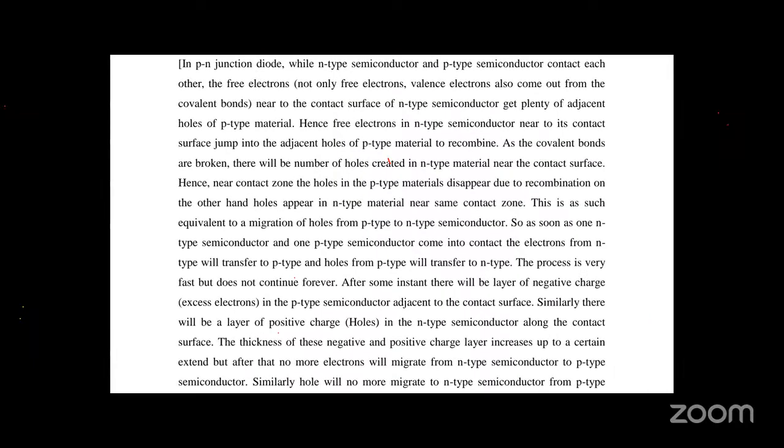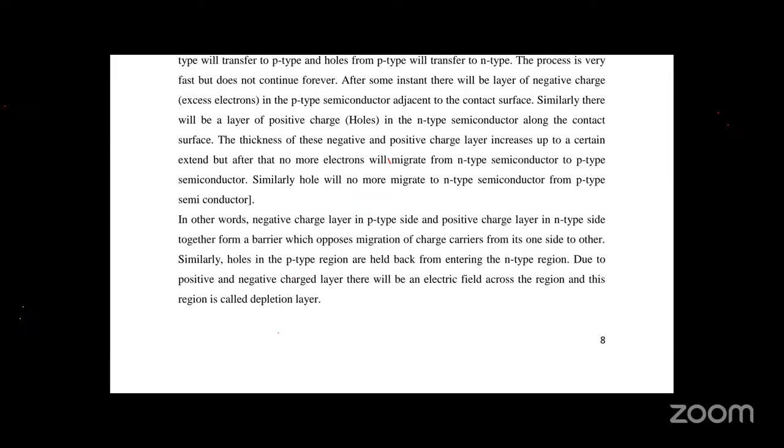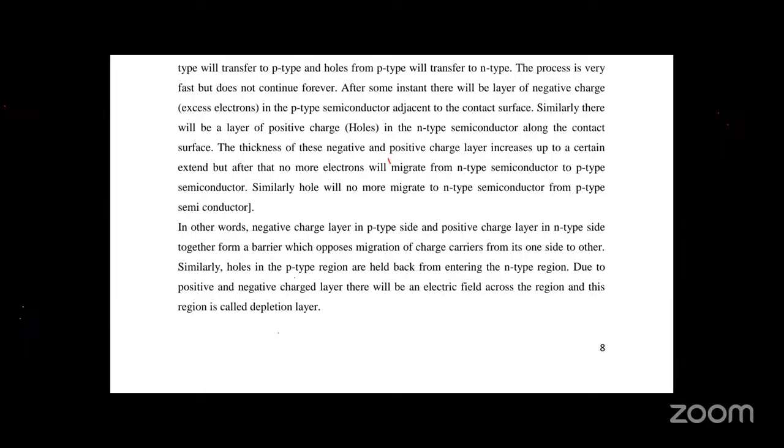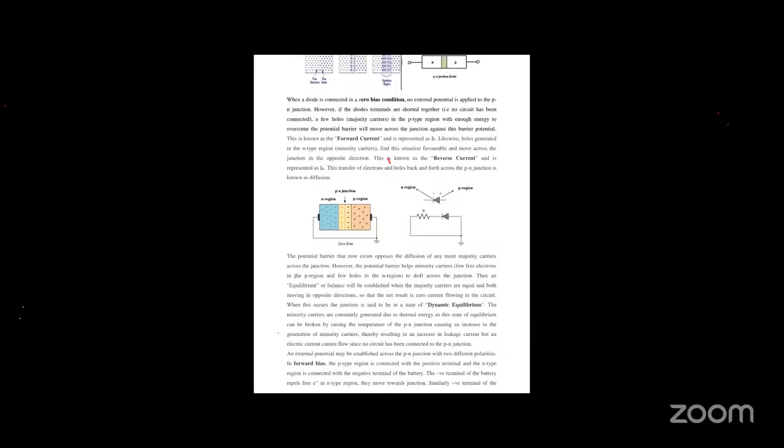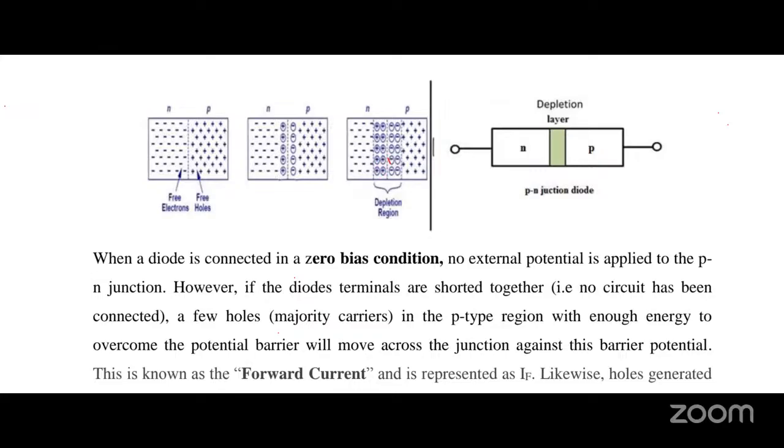With the help of this photovoltaic effect, we can get PN junction diodes, and with the help of diodes, we can get transistors also. You will get PNP transistors and NPN transistors. First, we have to understand the concepts involved, right? There are zero bias, forward bias, and backward bias conditions.